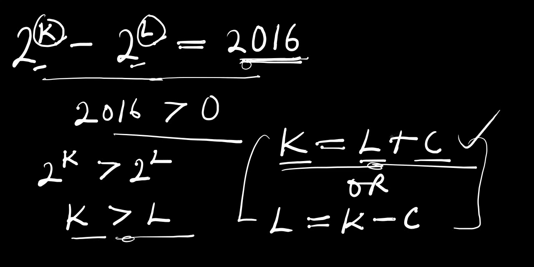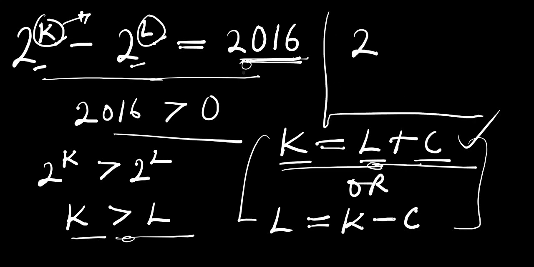The next thing we are going to do is to replace this k here with L plus c. So the new equation is going to be 2 to the power of, instead of k here, L plus c, and we have minus 2 to the power of L, and this equals 2016.